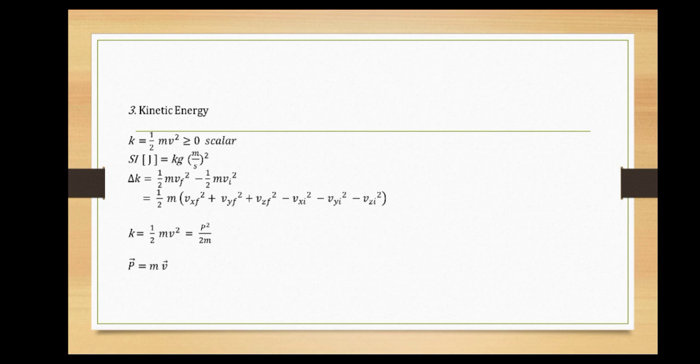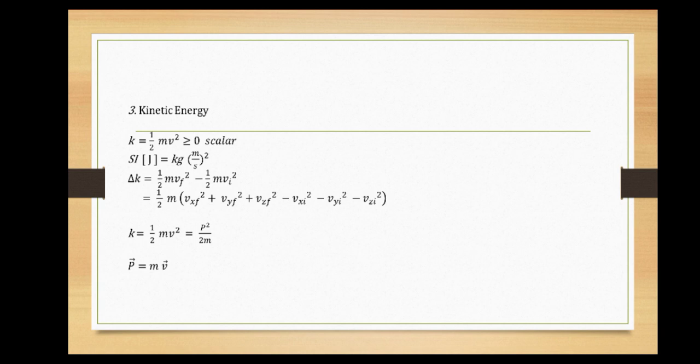The change in kinetic energy is equal to half m vf squared minus half m vi squared. If there is movement in 2D or 3D space, it is half m times (vxf squared plus vyf squared plus vzf squared) minus the initial values.